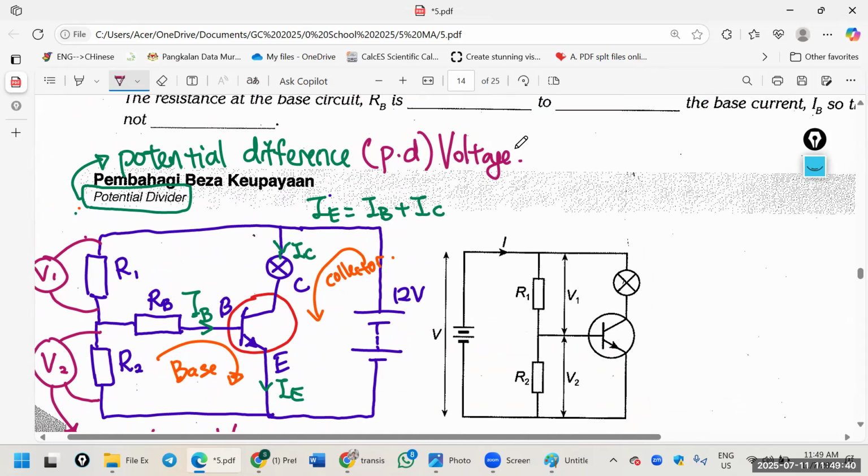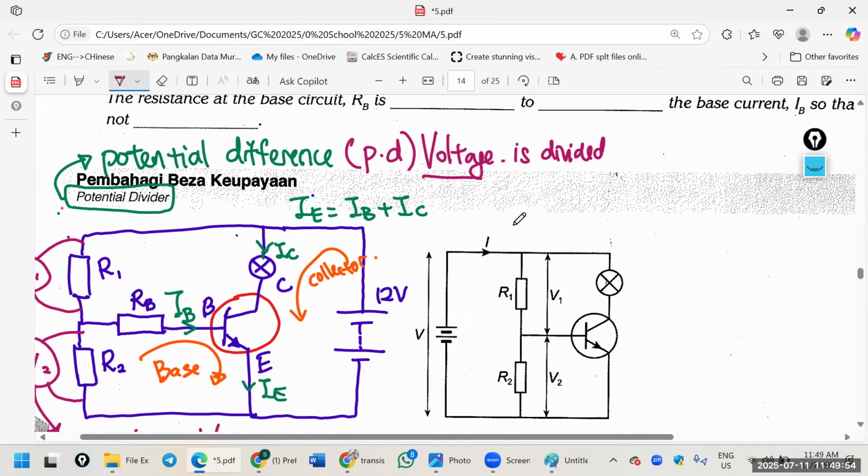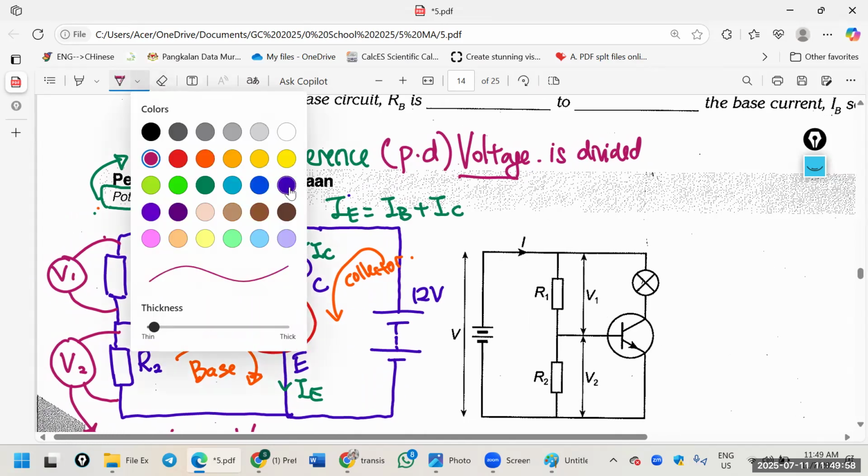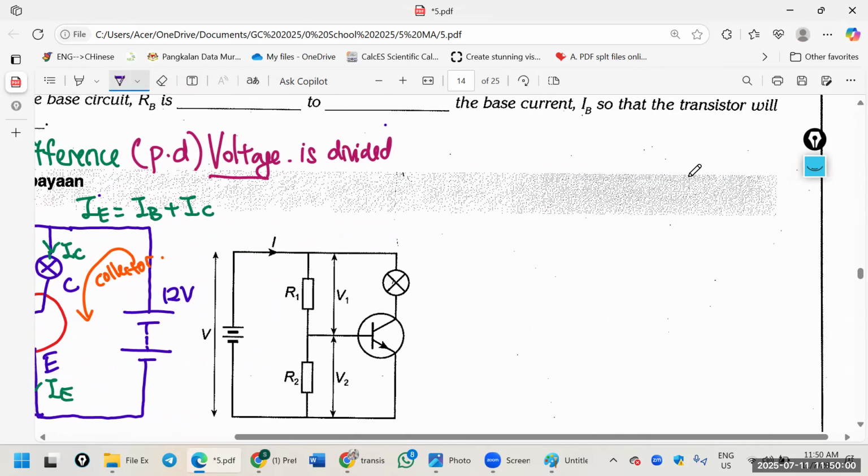Simply say it's voltage, okay? So potential divider means potential difference, which means voltage, is divided into two parts, a few portions. For example, now I have 100 sweets.